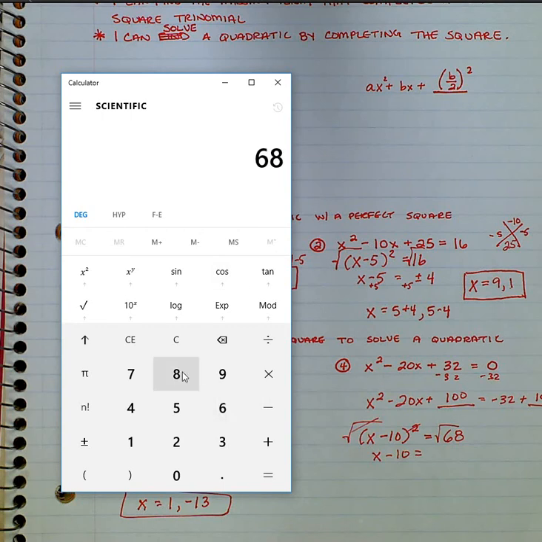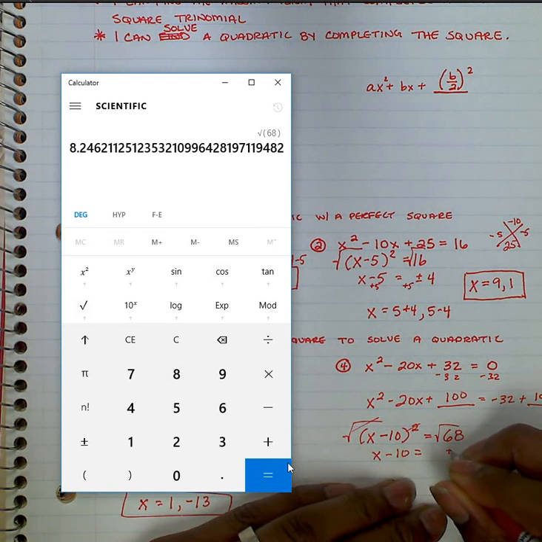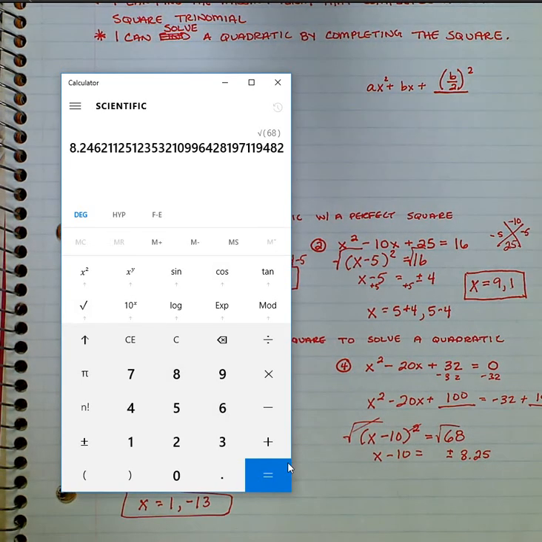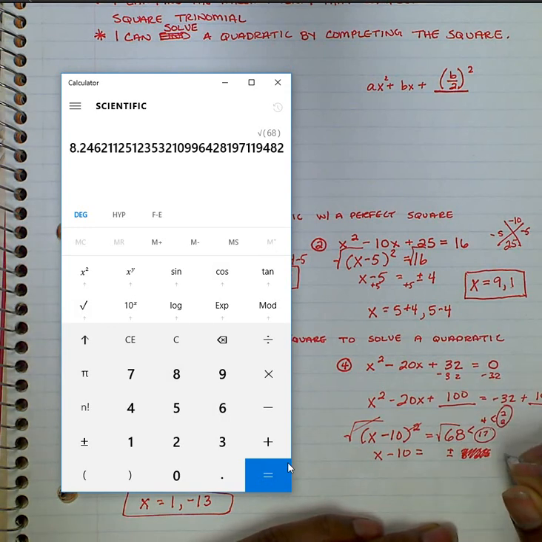The square root of 68 is 8.25, so plus or minus 8.25. I could just use radical 68, right? 34 times 2, 4 radical 17, 2 radical 17. Yeah, let's do that. 4 and 17, 17's prime, 2 and 2, because this is not a pretty number. Alright, 2 radical 17.